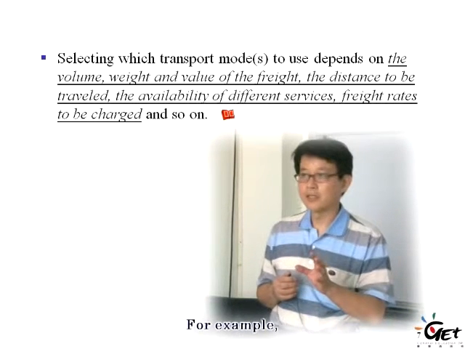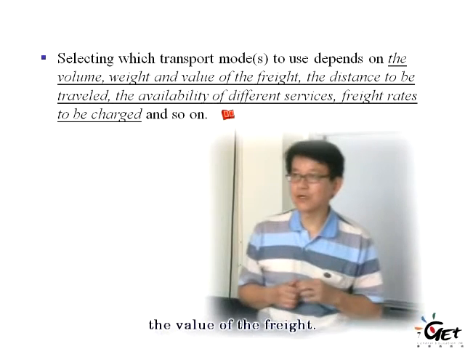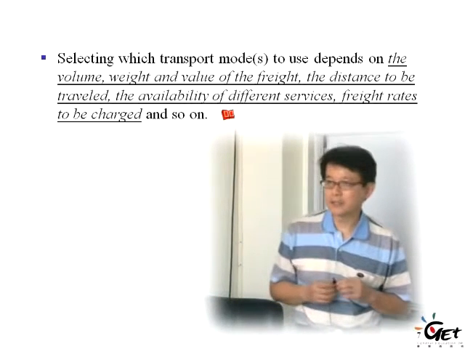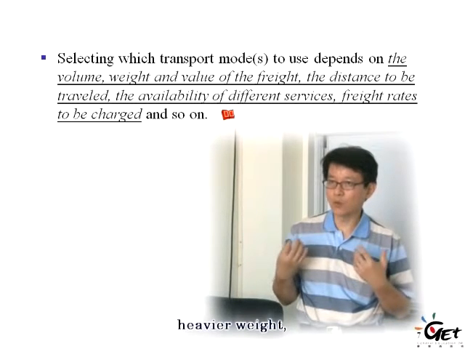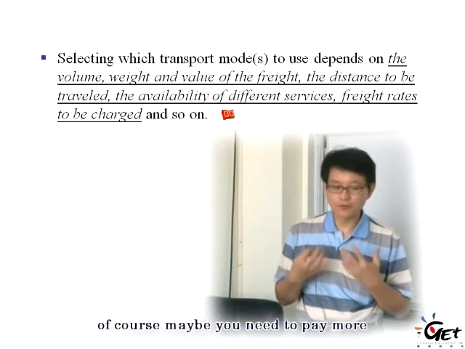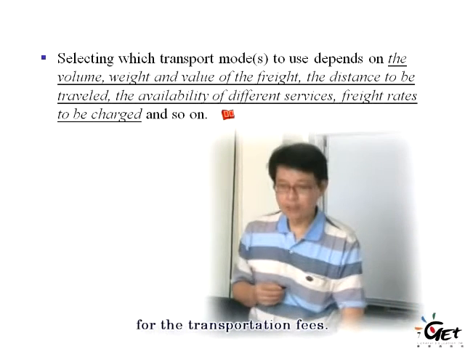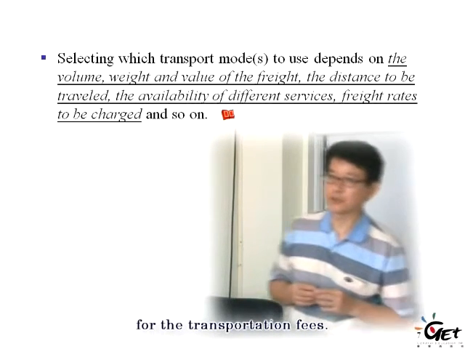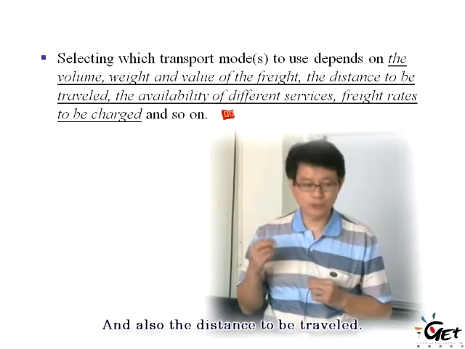For example, the volume, the weight, or the value of the flight. If you have a larger volume or heavier weight or higher value, of course, maybe you need to pay more for the transportation fees.